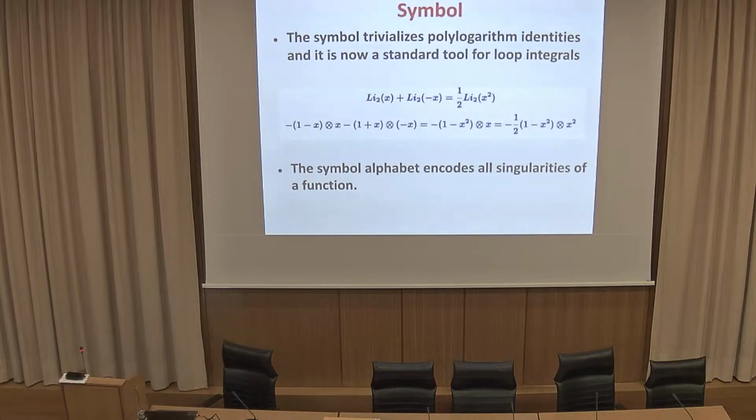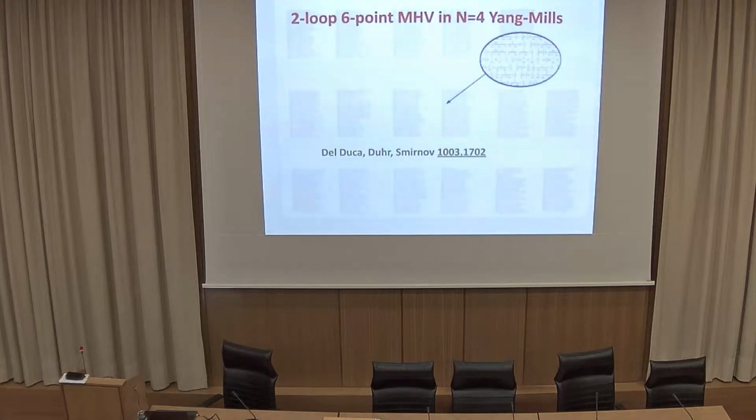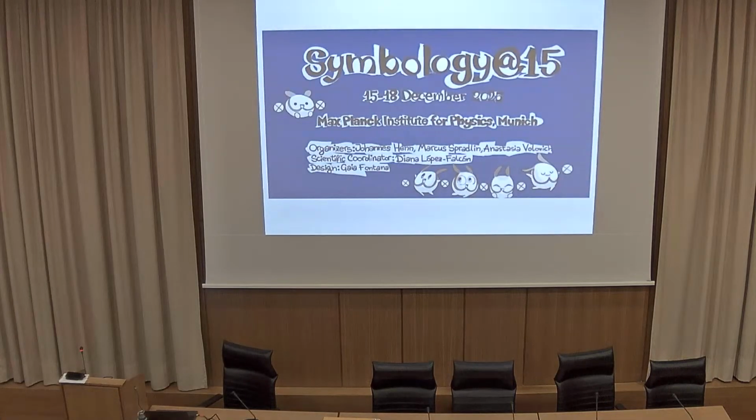This is something we developed about 15 years ago, and unfortunately I was late to this conference because we just had a meeting in Munich celebrating and reviewing all the developments related to the introduction of the symbol. But again, the takeaway message is that I will be focusing on just singularities of these amplitudes.